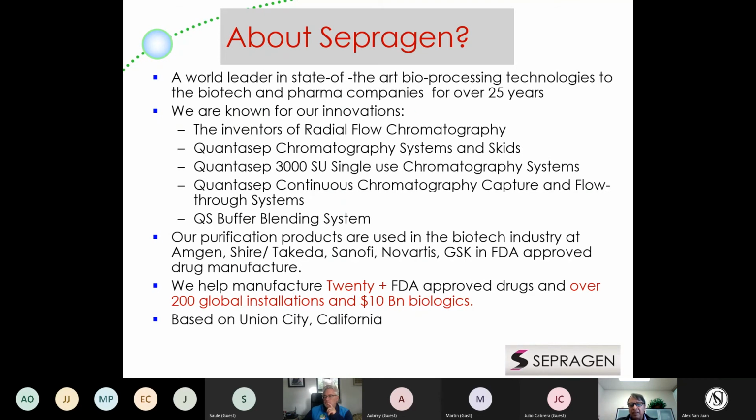And lately, which will be the subject of forthcoming webinars, is a very exciting technology that we are introducing into the market, which is our QuantaSep continuous chromatography capture and flow-through systems. So here, we've taken the leadership, and we are providing means for people to do multi-column continuous capture, particularly for antibodies. And then we also have a flow-through skid.